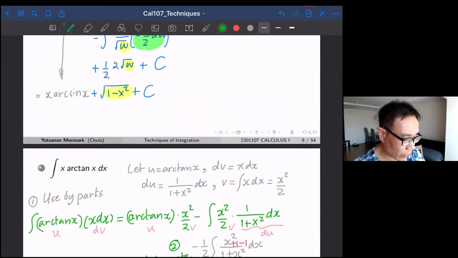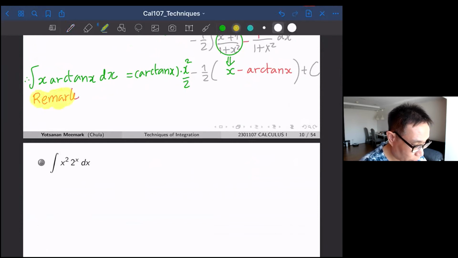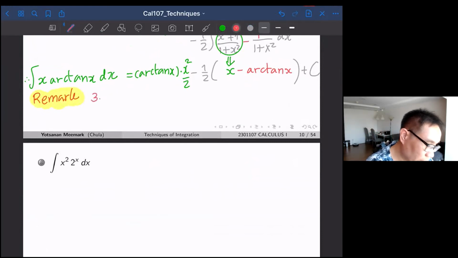Before I go to this number 8, let me make a remark for the things that we have learned. You have this one, and you have number 3. Remark number 3 is when you have x to the k log x dx.